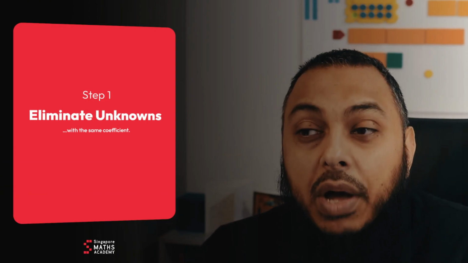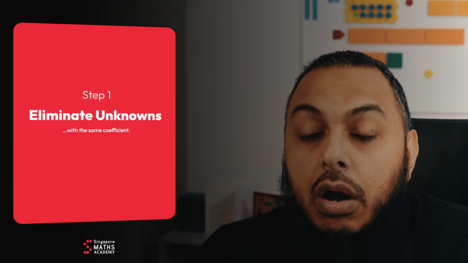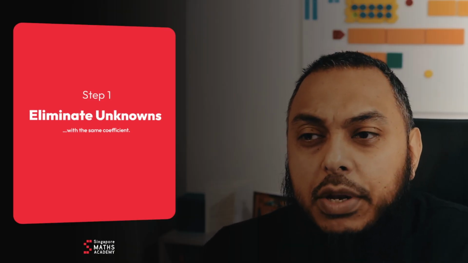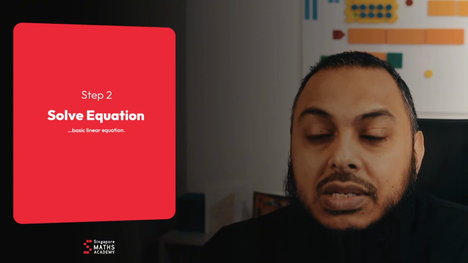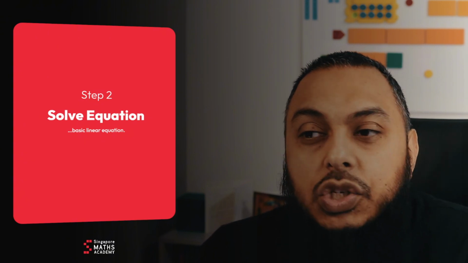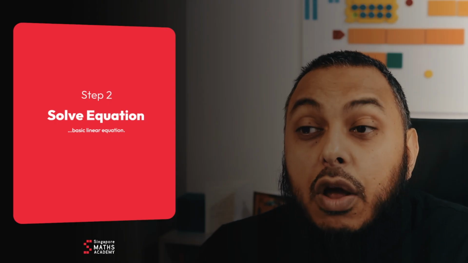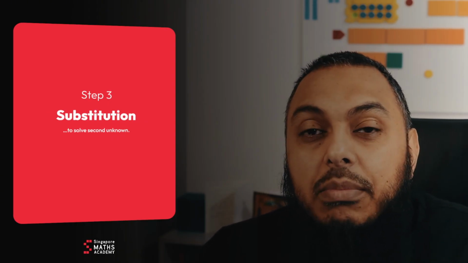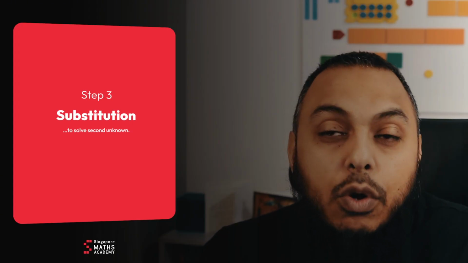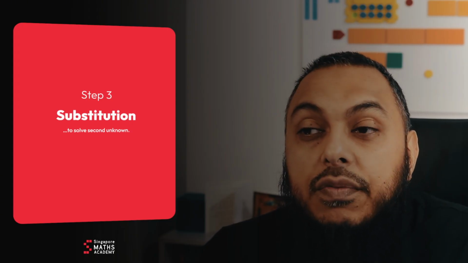And the way we do that is if we have the same coefficient, that would be perfect. Now, if we can't do that, we're going to look at how to do that in a minute or two. But first of all, eliminate the same coefficients, then solve the equation. And then once we've solved the equation for one variable, one unknown, then we can do the same thing by substitution and solve the second equation with the second unknown.